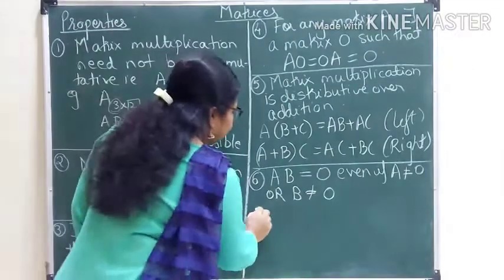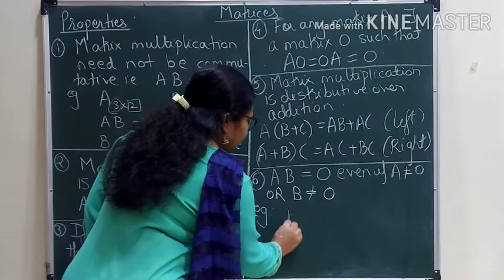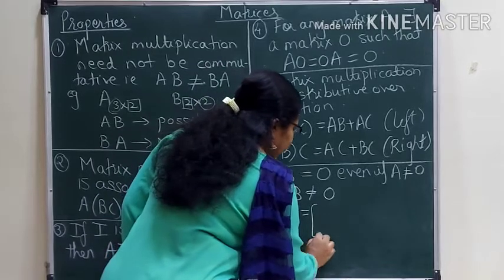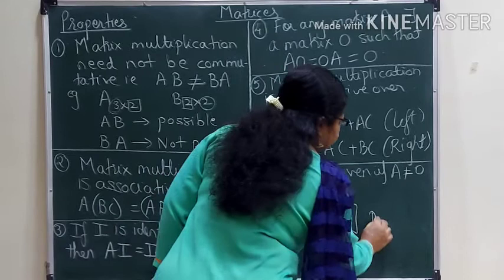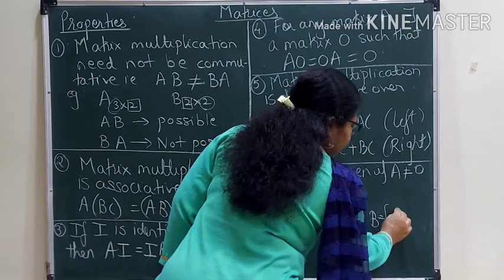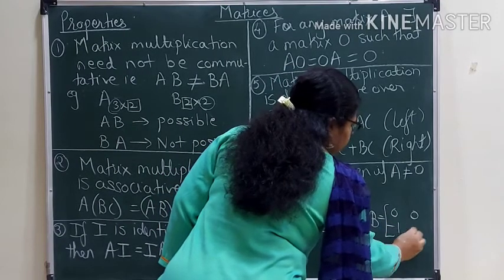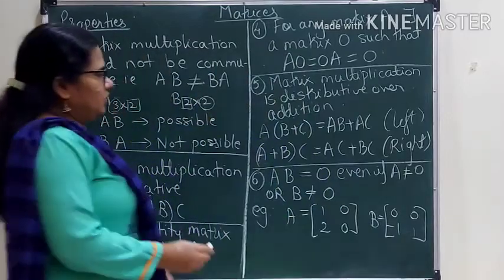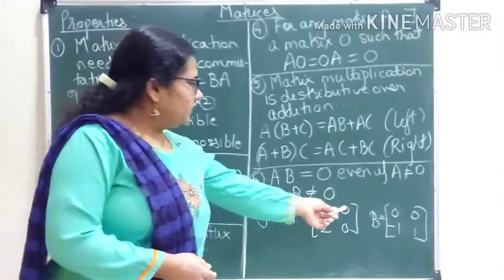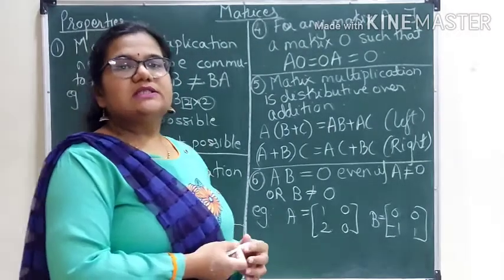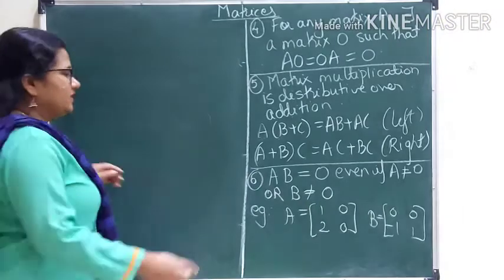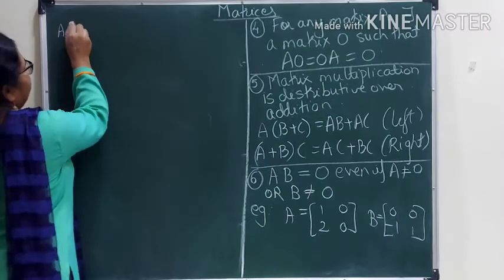Now here I can take one example. Matrix A I can take as 1, 2, 0, 0, and matrix B I can take as 0, 0, minus 1, 1. So you can see these are two matrices, and if you multiply these two matrices, you will get a 0 matrix. So we will multiply these two matrices, A into B.